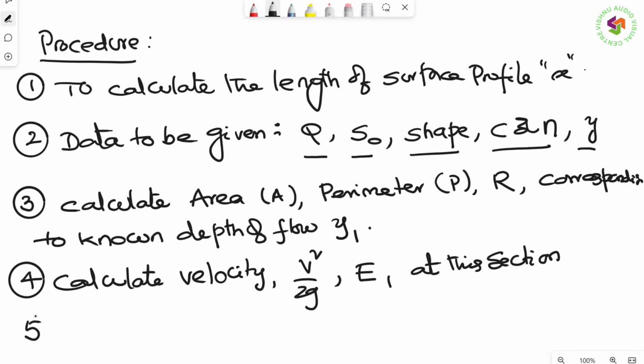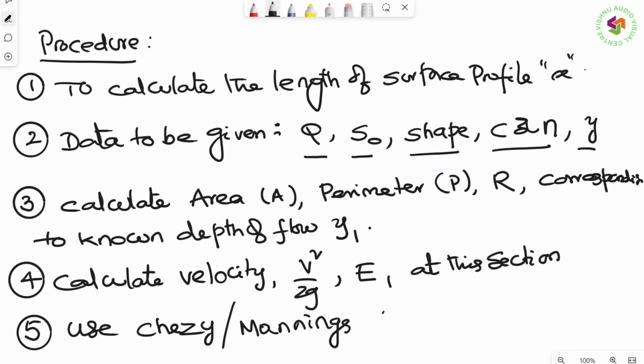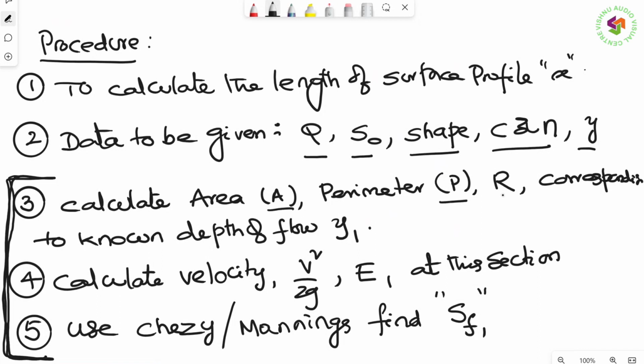Then knowing this, use Chezy or Manning depending upon coefficient given, find Sf1. This is the first thing. So at the known section, find out these steps. First step, A, P, R. Then v squared by 2g, E1 is nothing but y1 plus v1 squared by 2g. That is what you should understand.